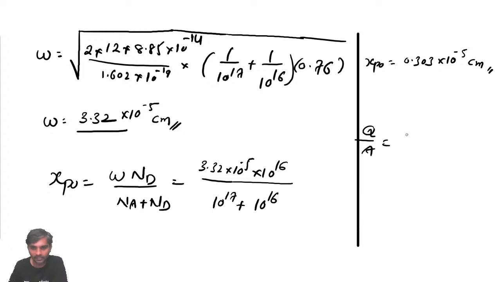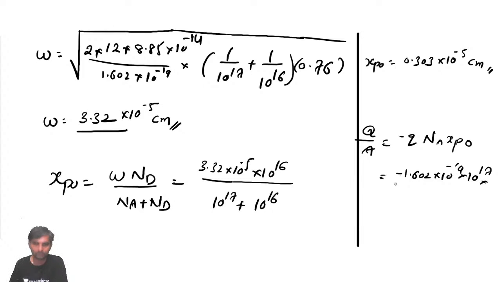Now calculate Q by A, minus Q NA into XP naught, minus 1.602 into 10 to the power of minus 19 into 10 to the power of 17 into, we'll do it in the next page because I think you are unable to see it.